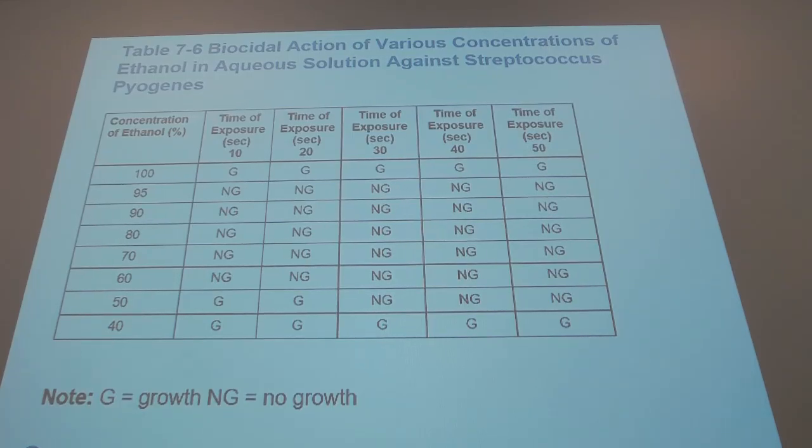It seems like 95. Again, it can be based on the use. Like 95%, yes, you can use it on the skin, but not too frequently. And then, of course, it depends, right?